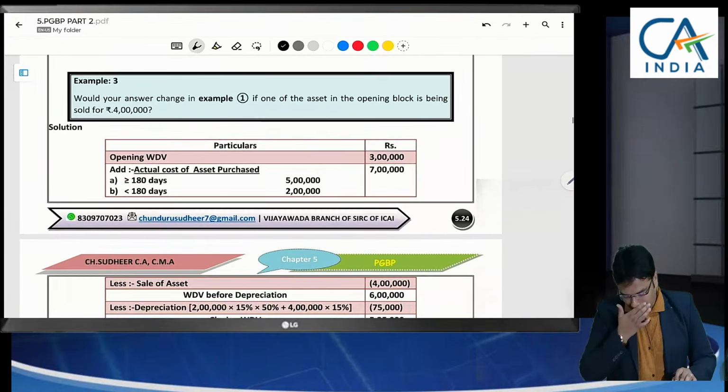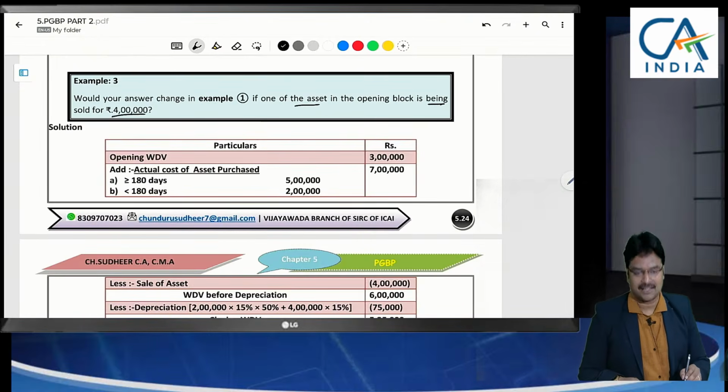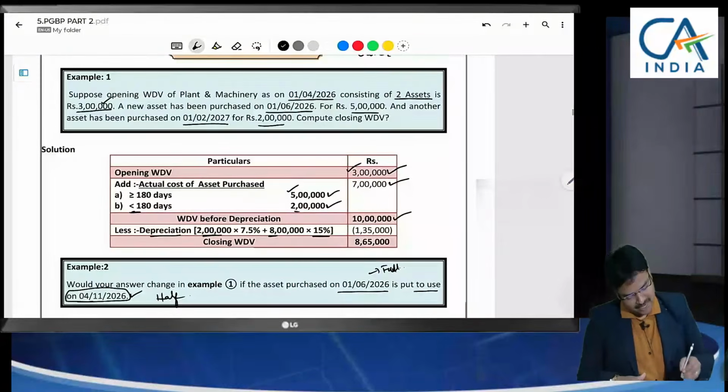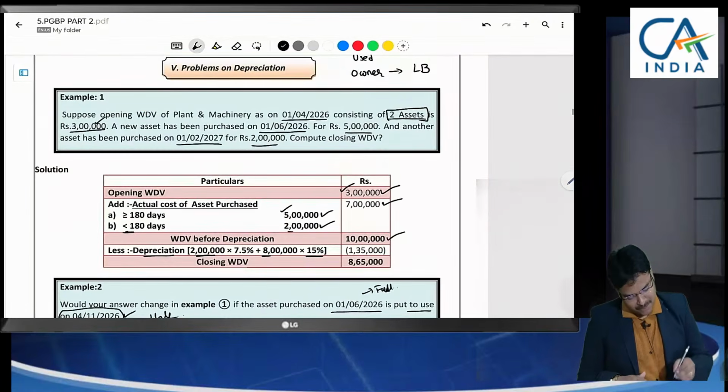Next, would your answer change in example 1 if one of the assets in the opening block is being sold for 4 lakhs? Sir, in the opening block how many assets were there? 2 assets were there. And later we have purchased on 1/6 5 lakhs one asset, on 1/2 2 lakhs another asset.